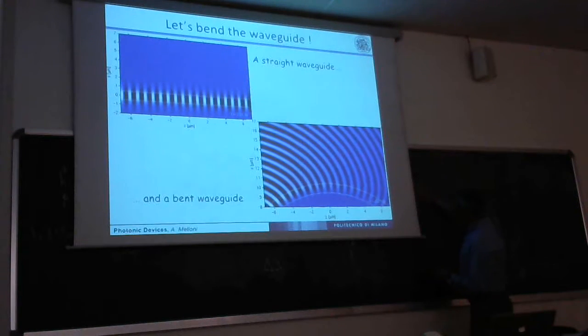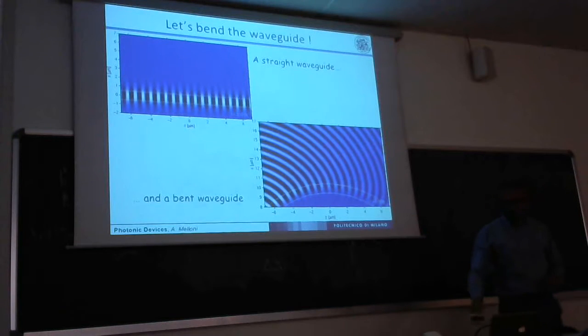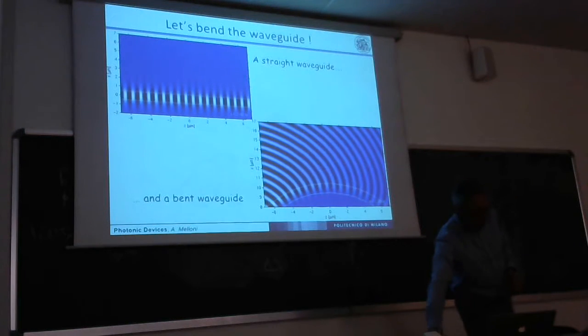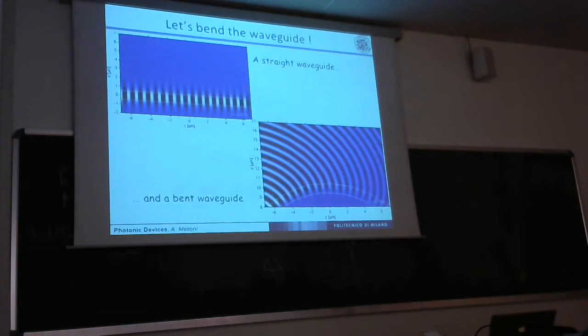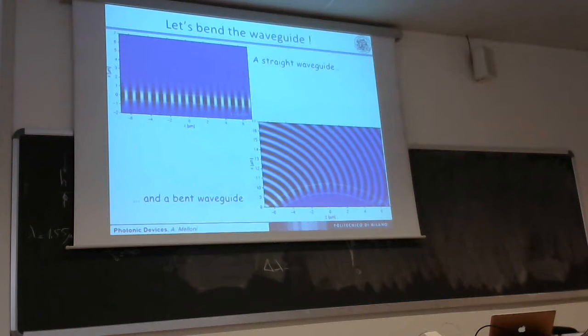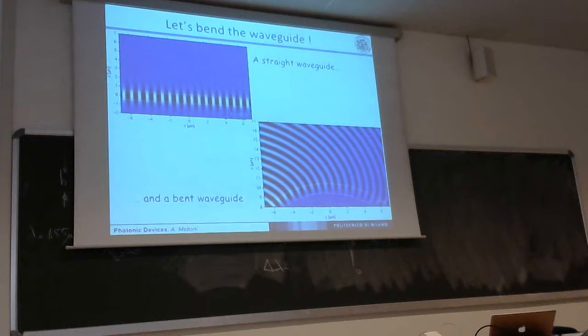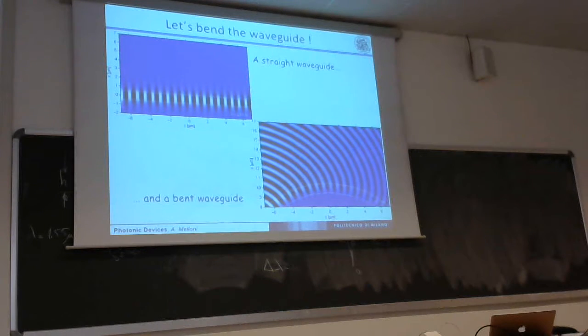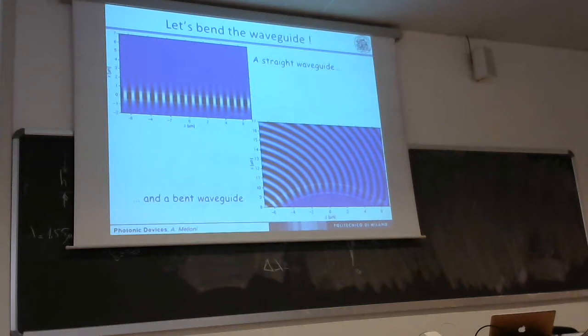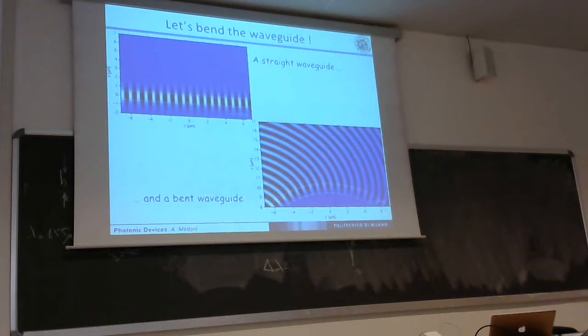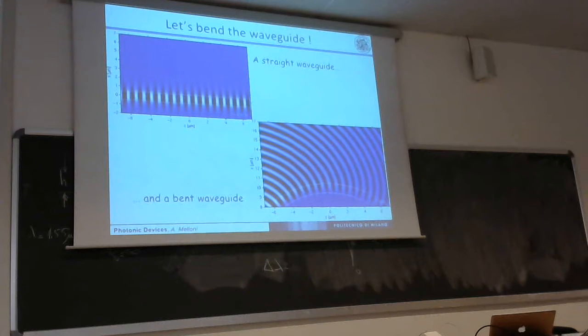Obviously, there are a lot of things to say more, but I stop here. I am tempted to say more, but I want to stop here. And next week you will see other properties. You go back to some of these characteristics, and now we move to bent waveguides.